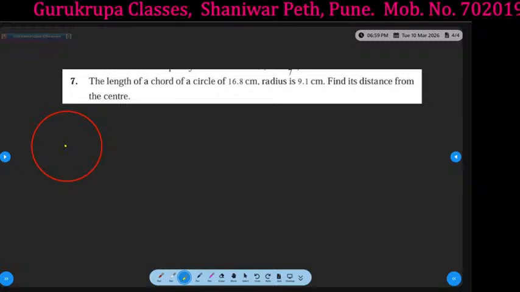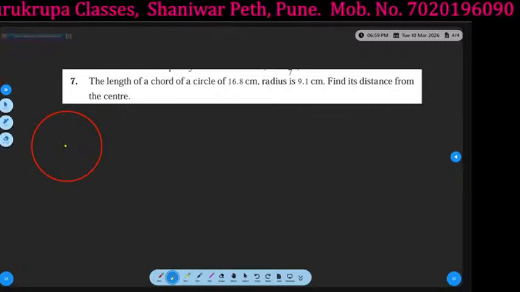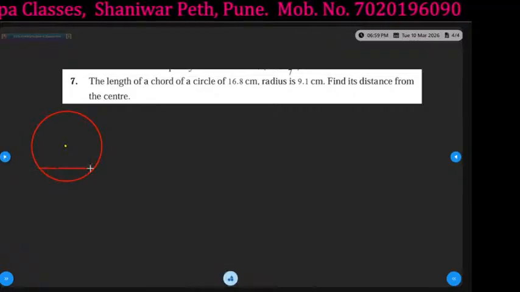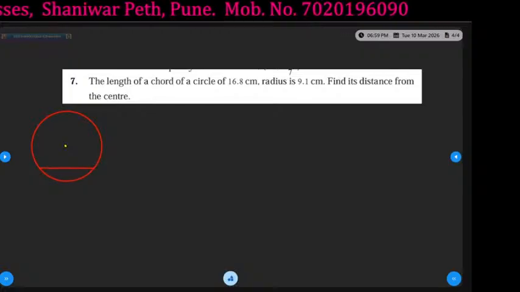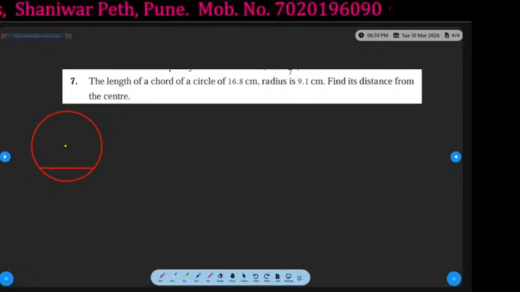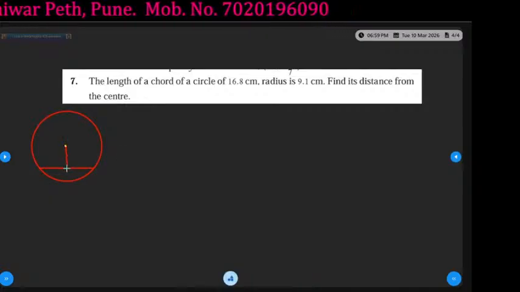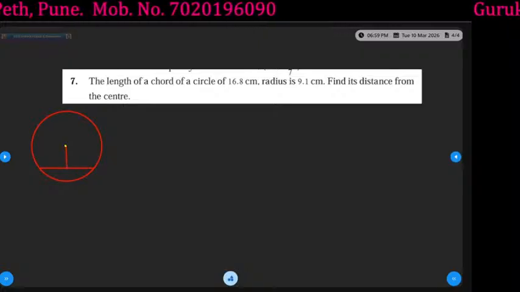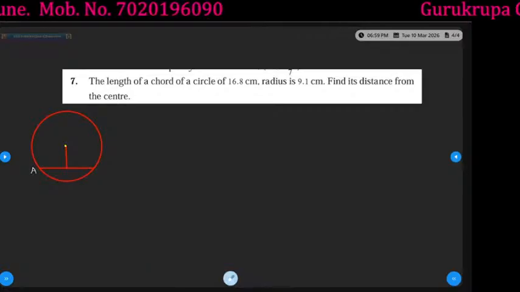Then we take the 16.8 chord. So we draw the chord here, 16.8. We also draw the height, or we say distance of the chord from the center, that is perpendicular.